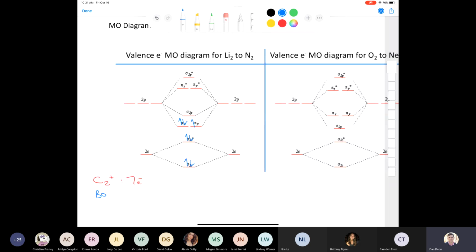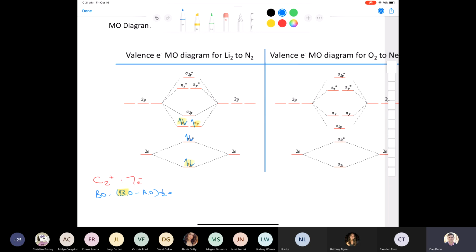Now, bond order is equal to the number of electrons in bonding orbitals, subtract anti-bonding orbitals, multiplied by a half. I kind of use the same abbreviation twice here. I use bond order and bonding orbital. I use BO for both of them. Anyhow, hopefully you follow me on that. Now, how many do I have in bonding orbitals? I've got 1, 2, 3, 4, 5.